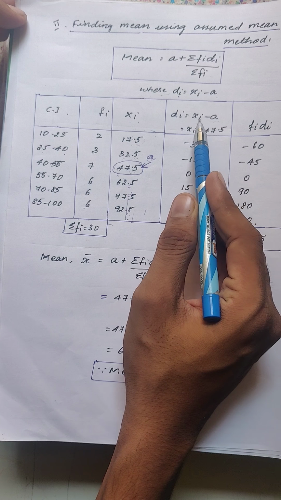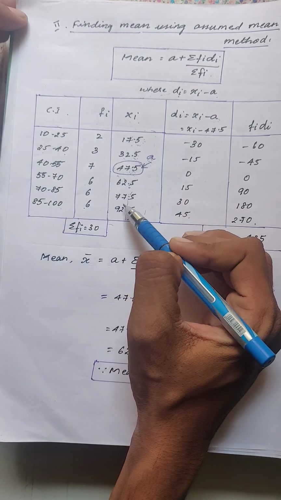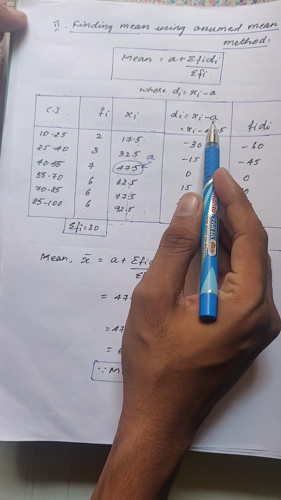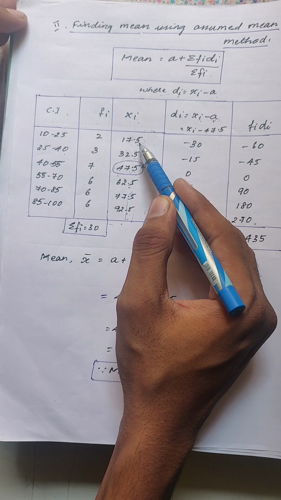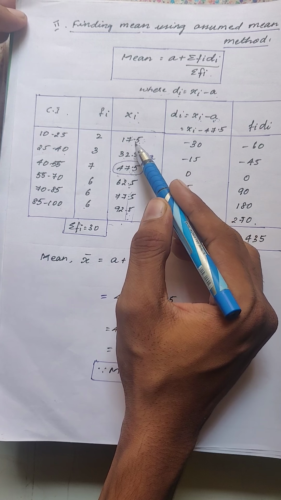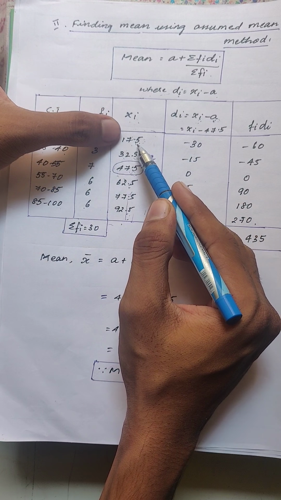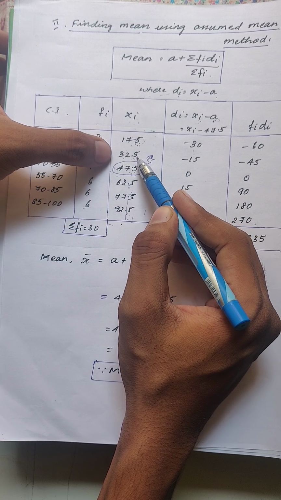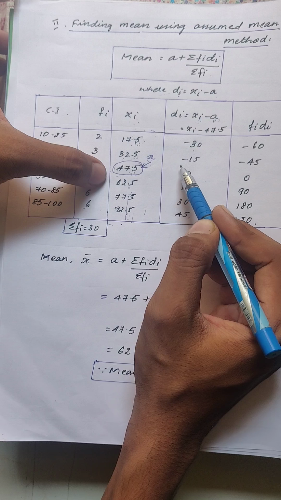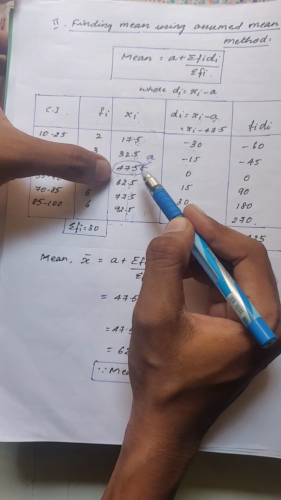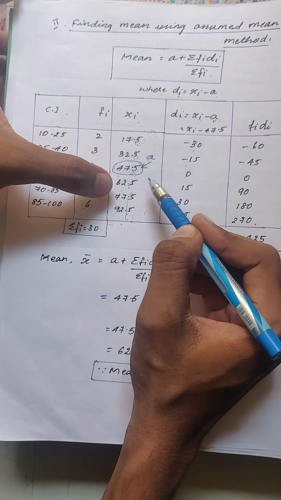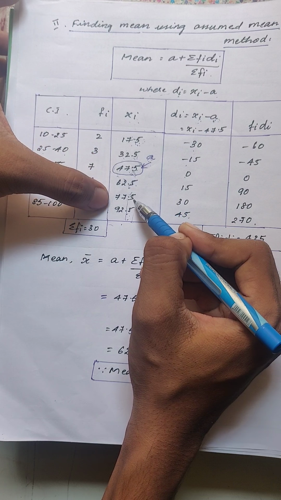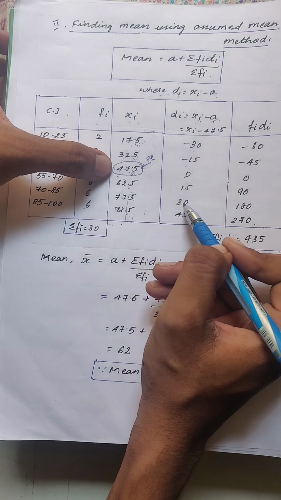So now the formula goes like xi minus a. These are the values of xi and this is the value of a that we have taken. So xi minus a is 17.5 minus 47.5, which gives you minus 30. Then 32.5 minus 47.5, that is minus 15. 47.5 minus 47.5 is 0. 62.5 minus 47.5 is 15. 77.5 minus 47.5 is 30.